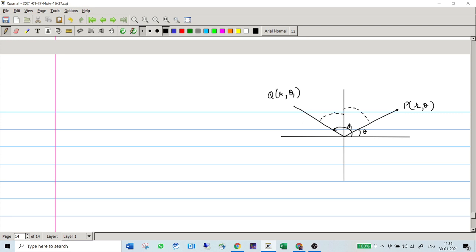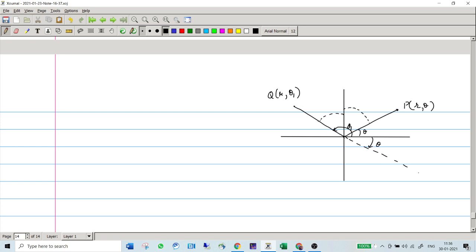Just that you have to make some computations, or you can even check if you extend this line in this direction, you'll see that this is going to be minus theta. It means the same stuff which we talked about when we were talking about the symmetry about the x-axis. So this theta 1 is going to be the same as pi minus theta, yes or no?